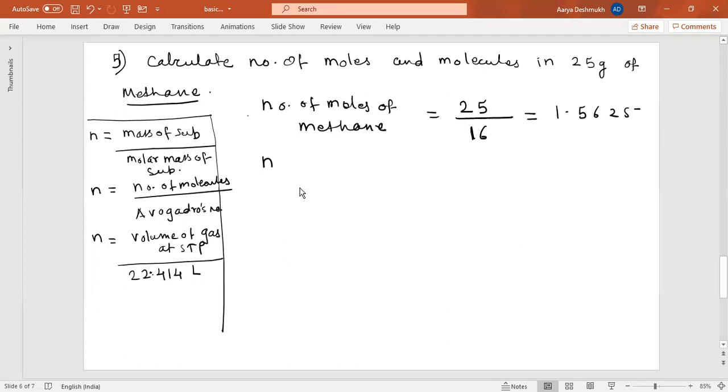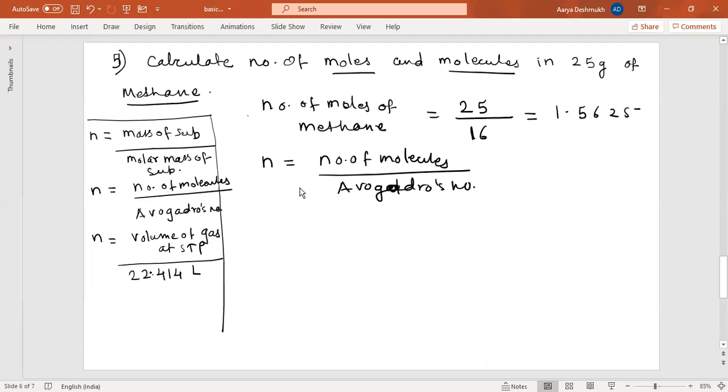Okay, and this is the number of moles of methane. Now we got the number of moles. Now we need to find out molecules. So the number of molecules can be calculated as number of molecules divided by Avogadro's number, equal to number of moles.